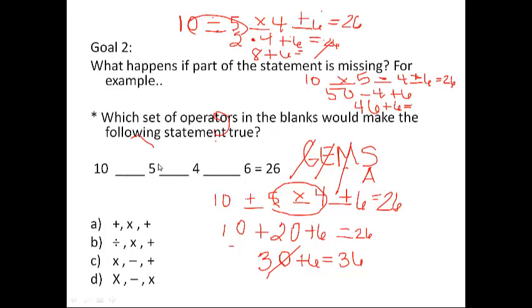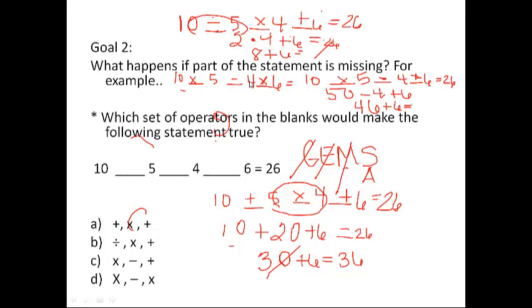Last but not least, let's see if D works. Don't assume that just because the other ones don't work that D is going to work. Always check, because we could have made a mistake. Multiply, subtract, multiply.